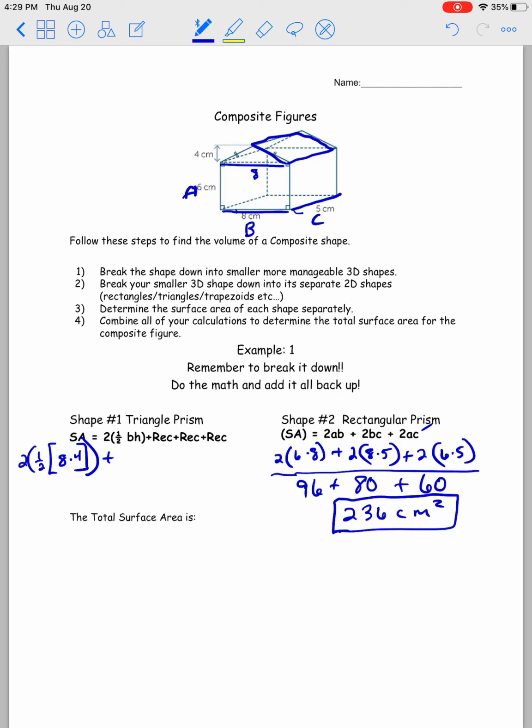And we don't have a measurement here, so we'll call these 5 as well. Actually, that's not going to work because you can't have 5 and 5. It's a rectangle. So let me give you a different number. We'll call it 3 and 3. How about that? That looks good.